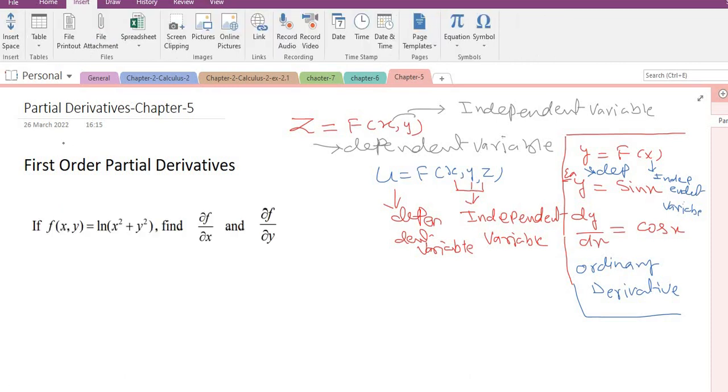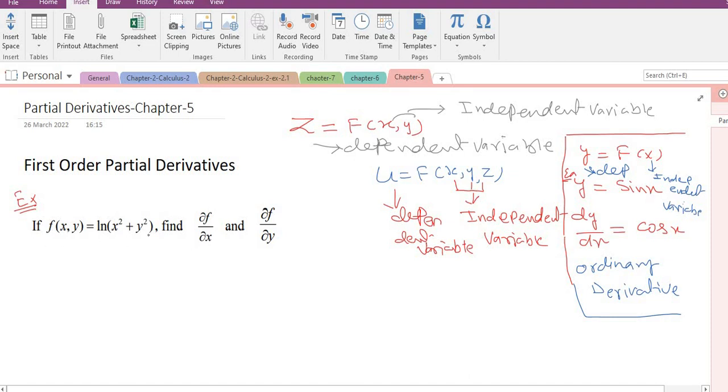I am giving you one example which I picked from the handout. If f of x y is equal to ln of x square plus y square, find del f del x and del f del y. That means find the first order partial derivative of f with respect to x and f with respect to y.